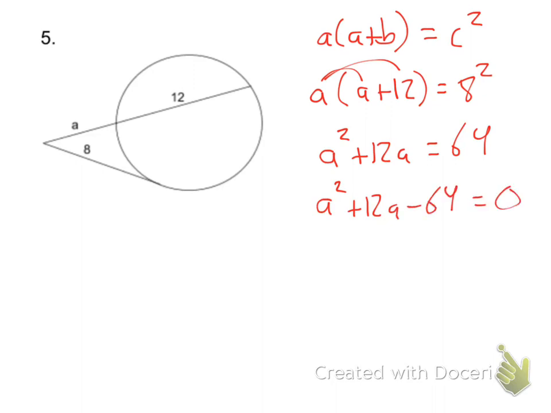Now, you're hoping, because the A of the quadratic is equal to 1, that you could potentially factor this. But the factors have to add up to 12.